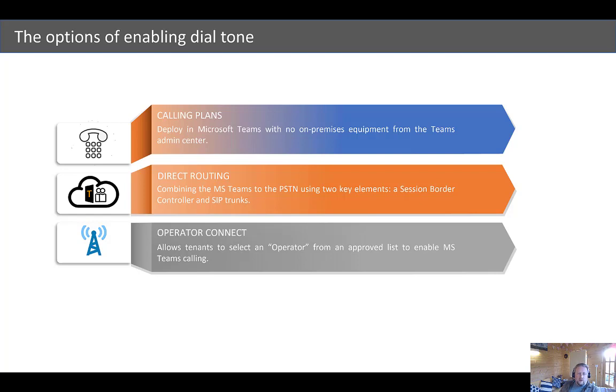There are currently three main ways of delivering PSTN connectivity into Microsoft Teams. The first and the oldest, if you like, is the Microsoft Calling Plan. Microsoft Calling Plans are a license-based delivery method for PSTN into Microsoft Teams. They allow customers to take telephone numbers and call minutes, sometimes bundled, sometimes in a pay-as-you-go offering, and they're pretty quick and easy to set up.